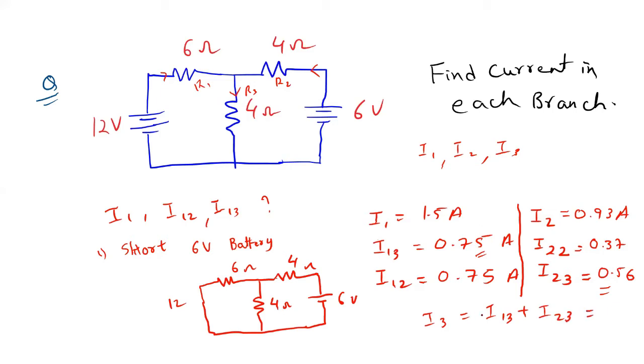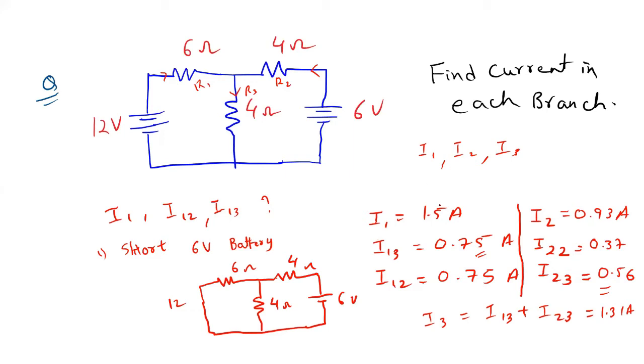So 0.56 plus 0.75, how much will it be? Sir, 1.31. So 1.31 amperes. Okay, so this is the current which actually flows through the 4 ohm resistor.